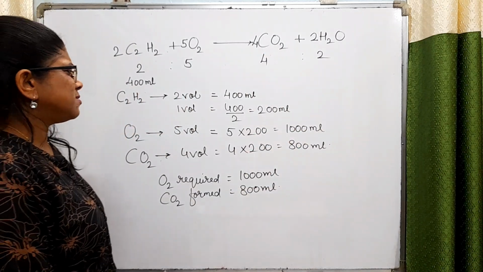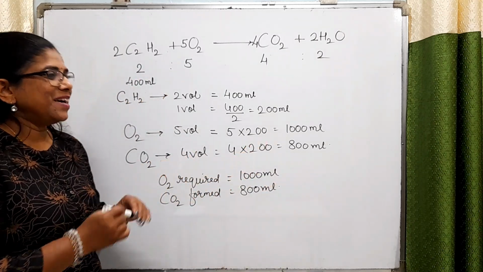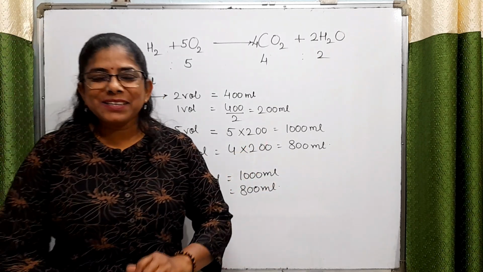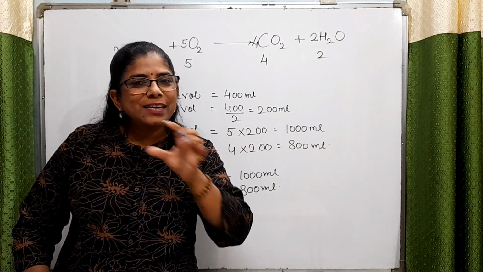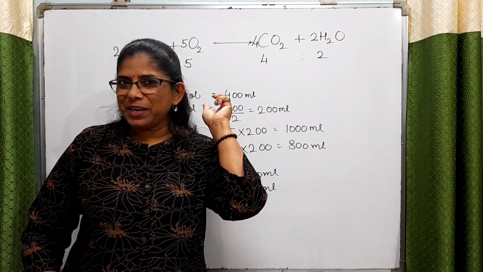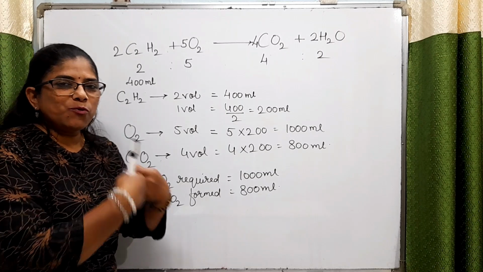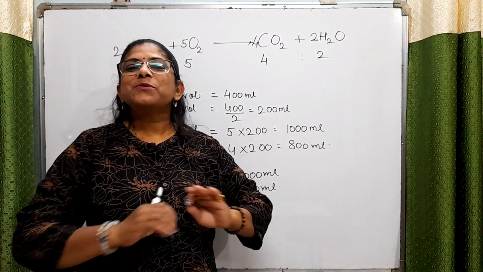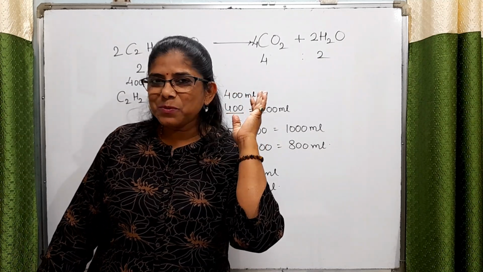Even this reaction was not so difficult. As I said, if you understand the basic law, the basic concept, if you exactly understand the pinpoint of any concept, then any type of question based on that concept is going to be very easy for you. And what is the pinpoint of these problems?